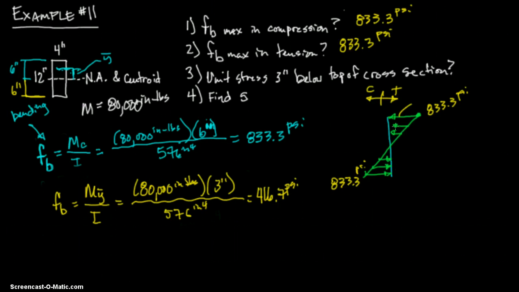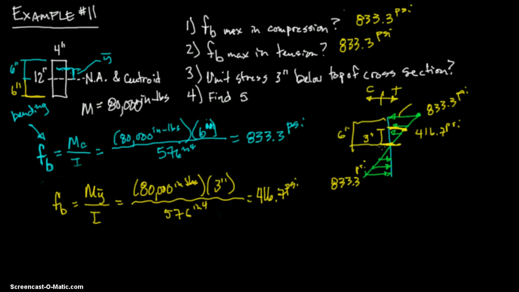So we're looking right here, halfway up, and you're saying that this is 416.7 psi. Does that make sense? Well, yeah, it's halfway up, so this is 3 inches from the neutral axis.